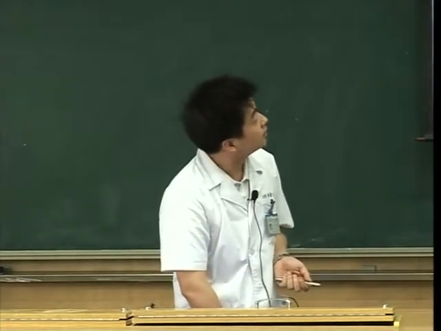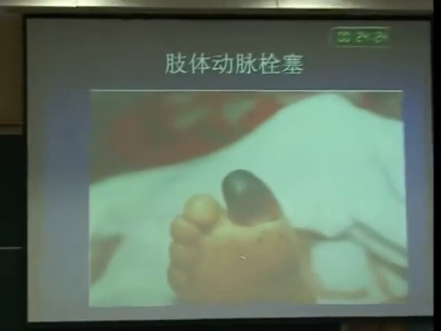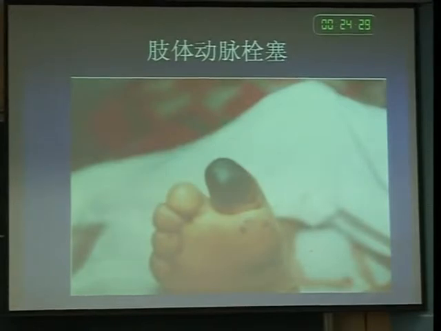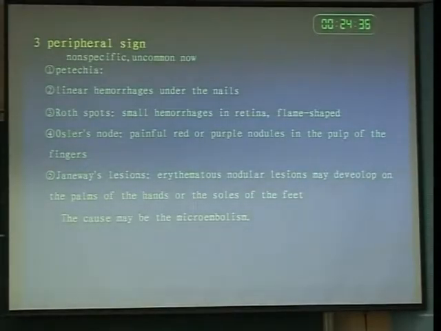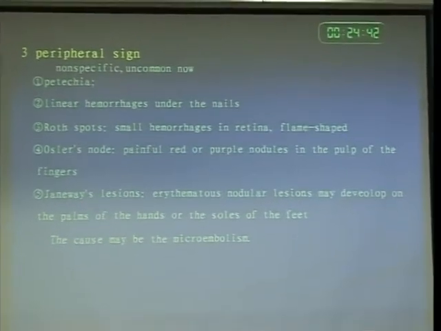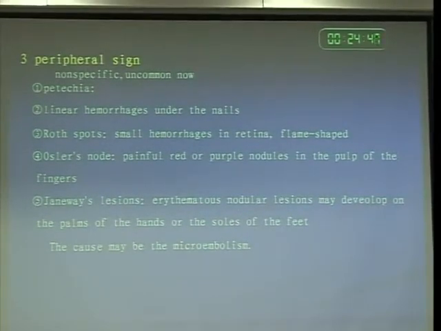Okay, let's see the picture. Like this one is the Osler spot. And here. Otherwise we can see Janeway lesions. What are Janeway lesions? They are erythematous border lesions that may develop on the palms of the hand and the soles of the feet.